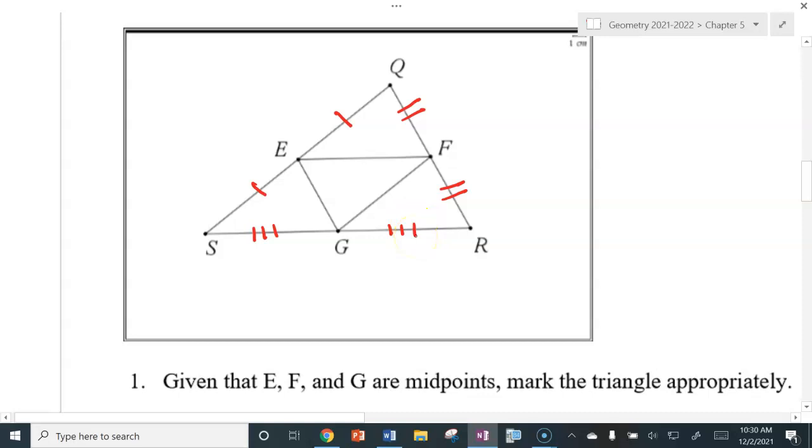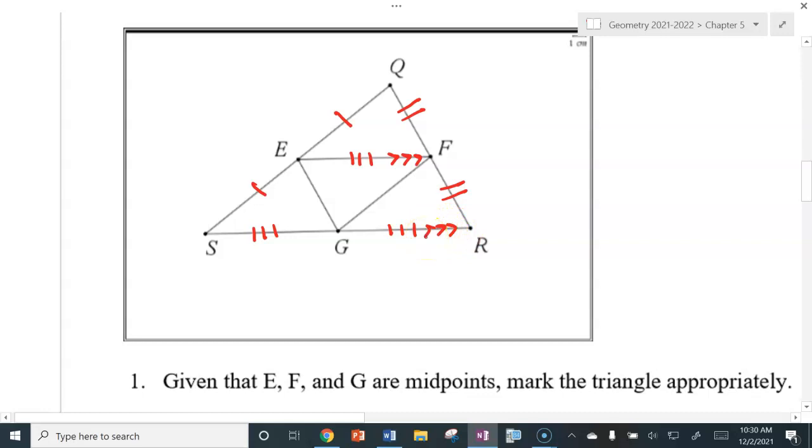Now let's go further. Because we're connecting the midpoints, we have midsegments. So line segment EF is going to be congruent to SG and GR because it's half the length of the whole way across. It's also going to be parallel. Sorry, I didn't mean congruent, I meant parallel.